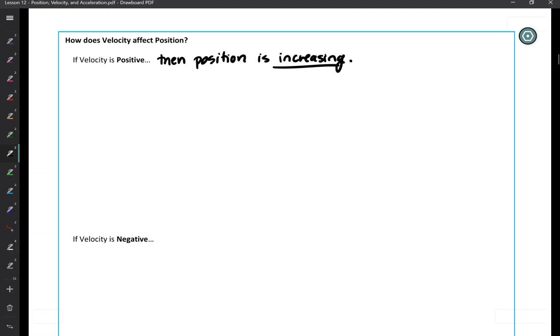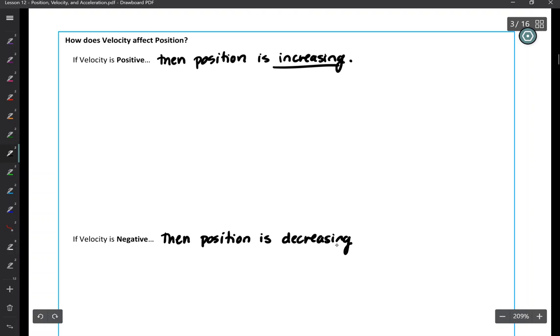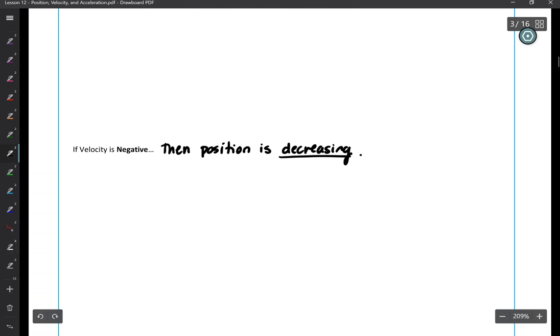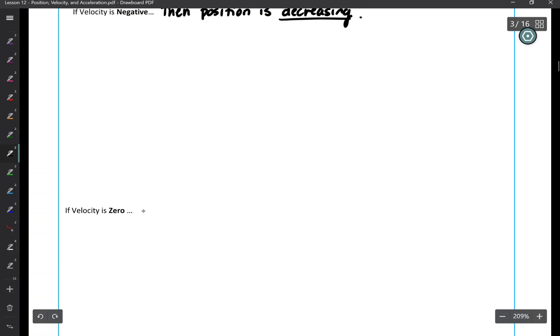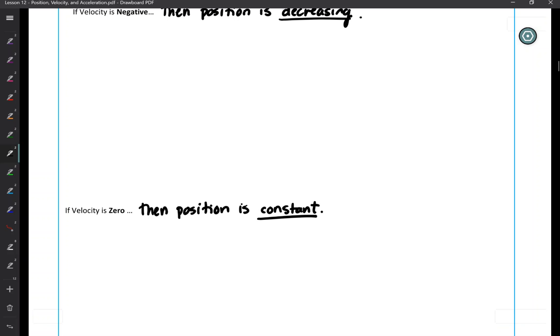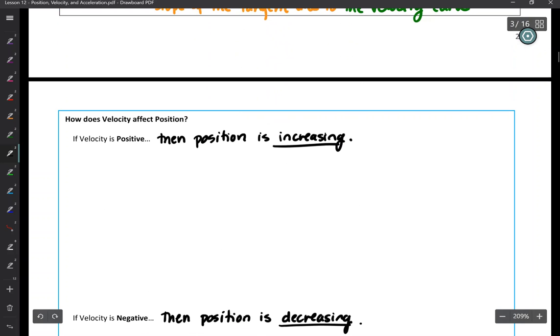If velocity is negative, then position is decreasing. And if velocity is 0, then position is constant, meaning not changing, meaning that thing is just staying put.